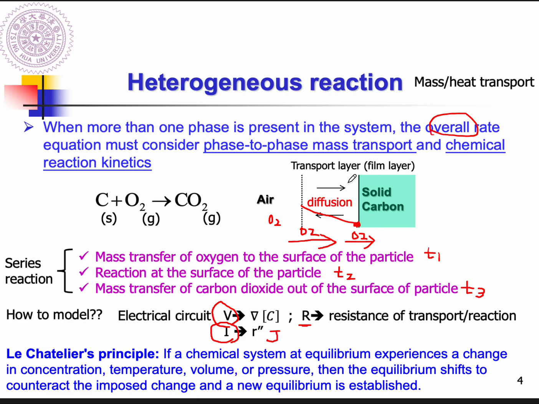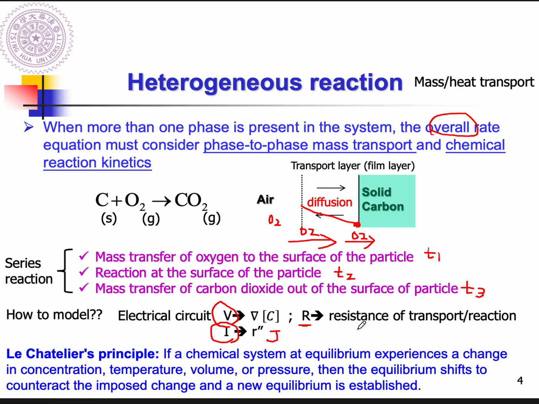And the resistance will be what? I have a resistance in the transport layer and also in the reaction layer. Resistance represents whether the oxygen transport is fast or slow, and also whether the reaction is fast or slow. For example, if transport is fast, that means the resistance is small, right?